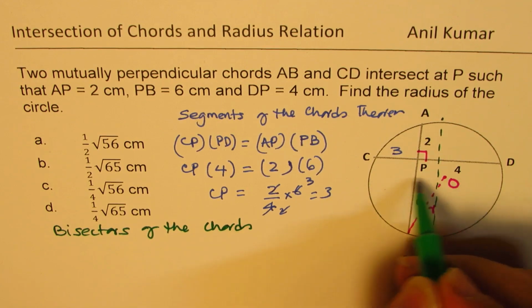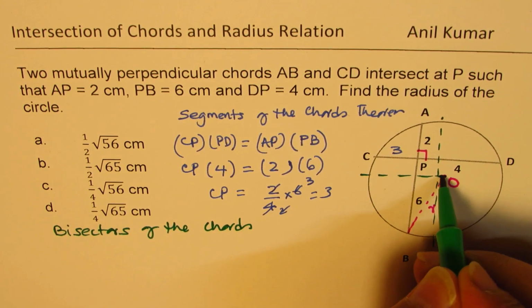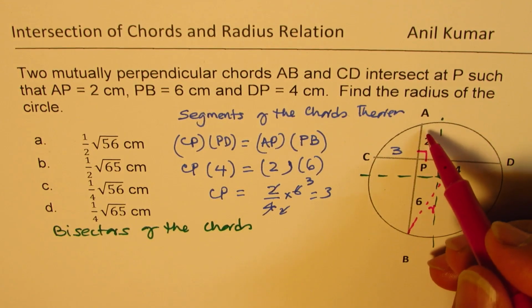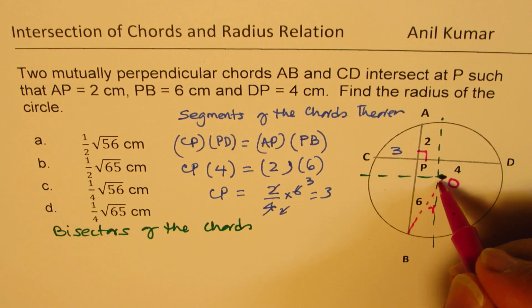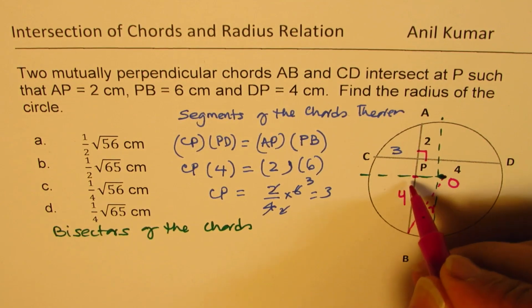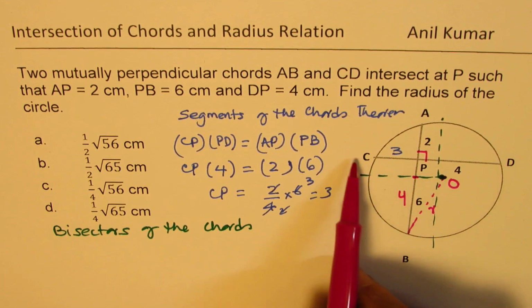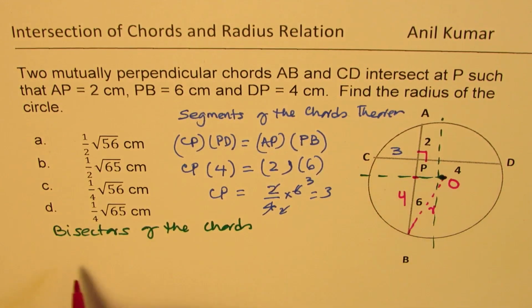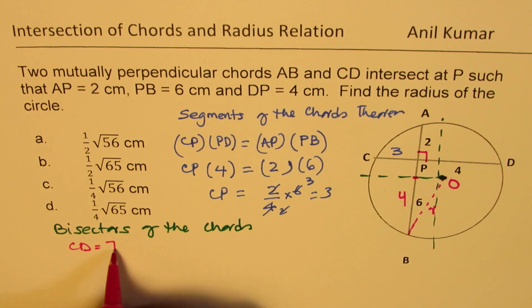The other one will be kind of like this, and let's say that is the center O for us. Now, since the total length is 8, this will be half of 8, which is 4, correct? And here the total length is 4 plus 3 is 7. So we know CD is 7.